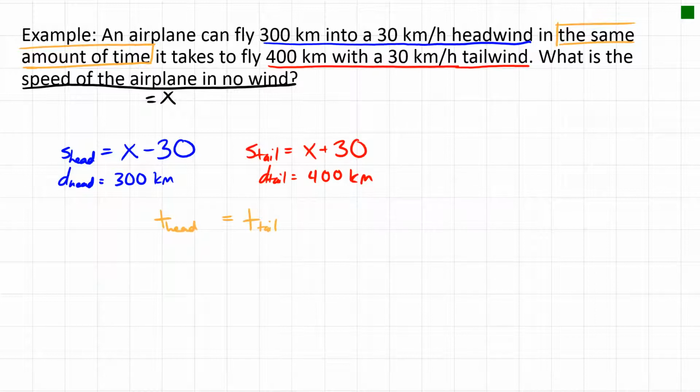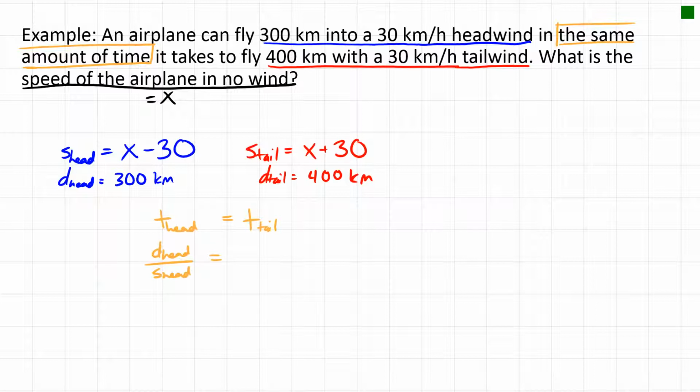And now I've got my equations for speed, distance, and time that we talked about earlier. So I can see that my equation that relates speed, distance, and time, I can get that the time is equal to, so the time for the head is equal to the distance divided by the speed. So the distance into the headwind over the speed into the headwind.